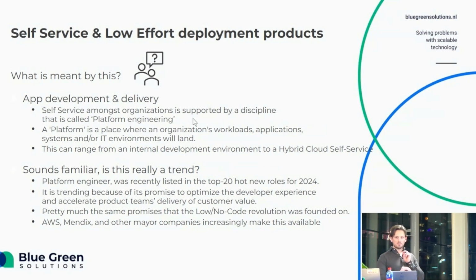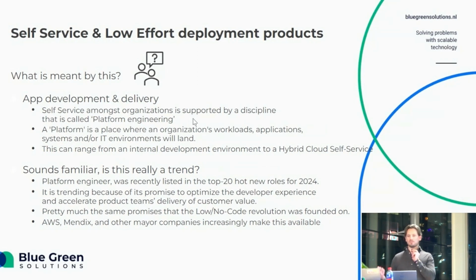This sounds really familiar, but it really is a trend. At the beginning of this year, it was published that platform engineer is the new hot role for 2024. They expect an increased demand for this role because of the self-service that is now implemented in products of AWS, Mendix, and other major companies, who make it a core foundation of what they do.